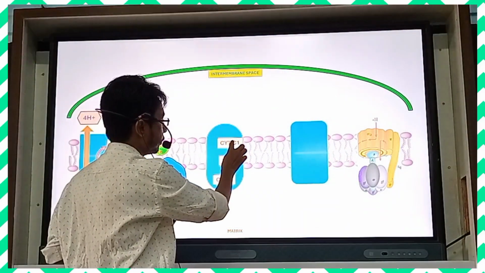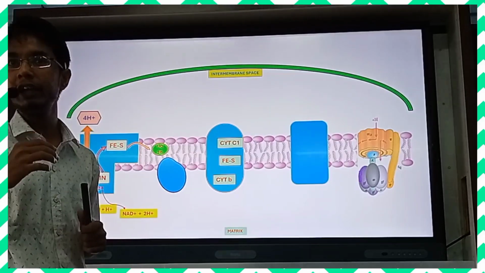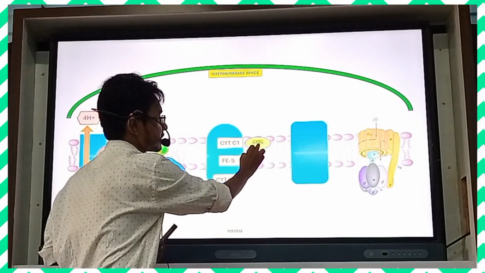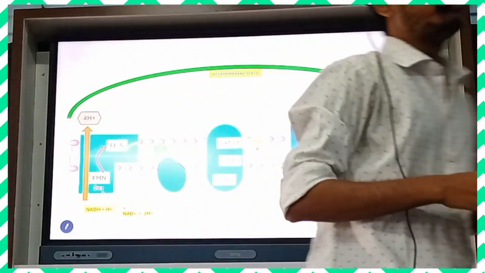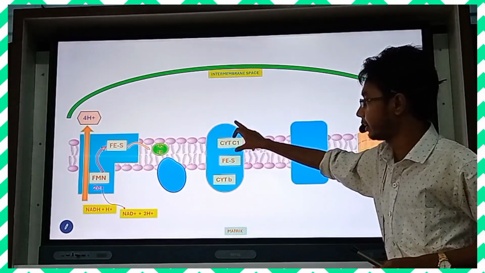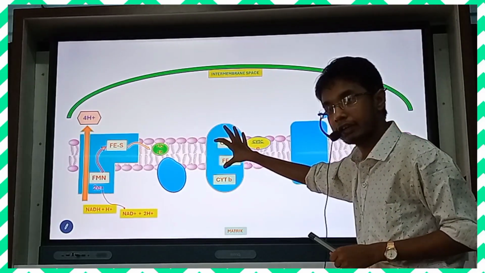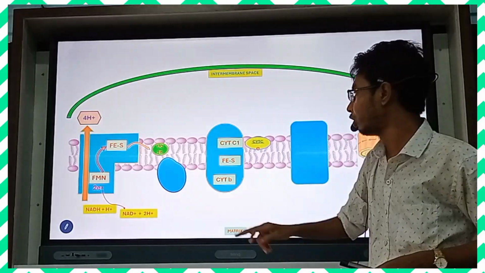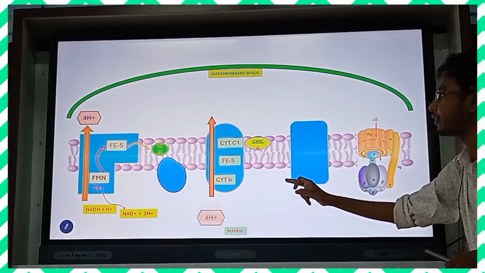After that, cytochrome c1 passes the electron to another mobile electron carrier known as cytochrome c. At this time, it is complex 3, not complex 2. Complex 3 also pumps 4 protons from the matrix to the intermembrane space.